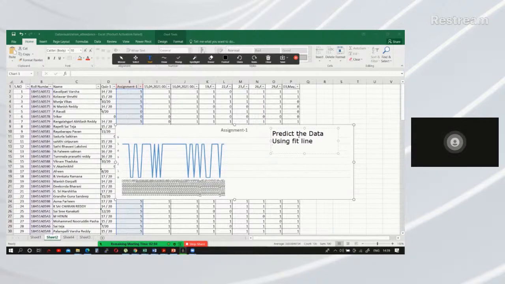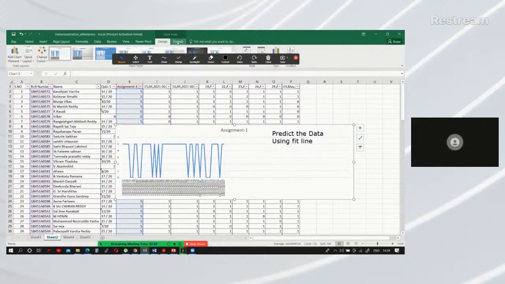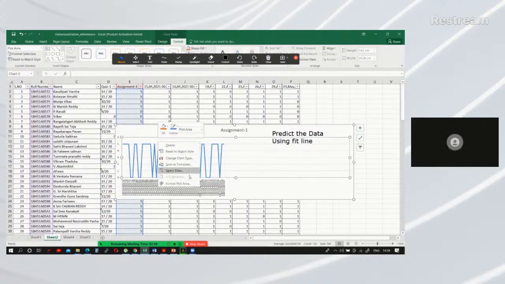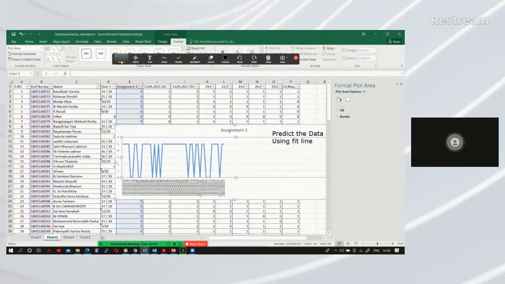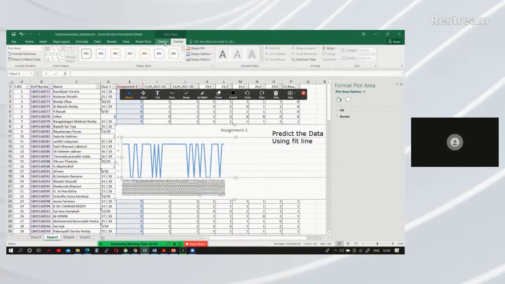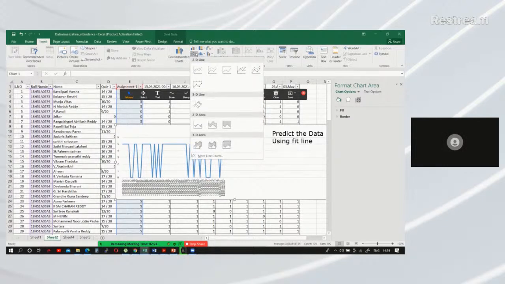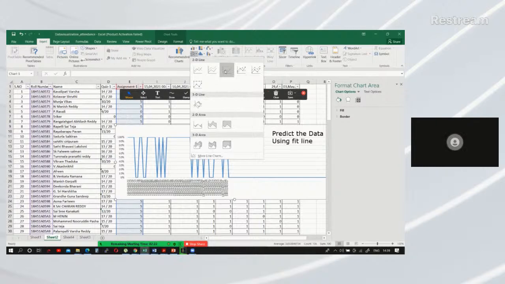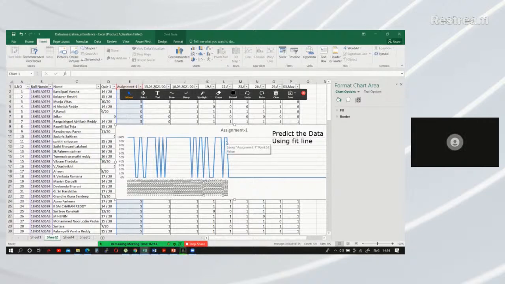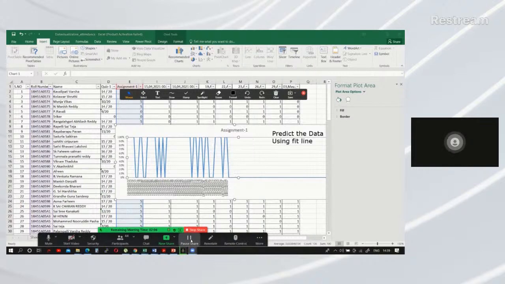Let us take this graph. Now let us do the fit line here.